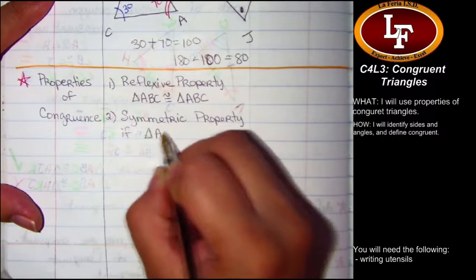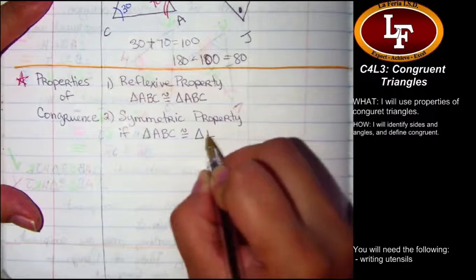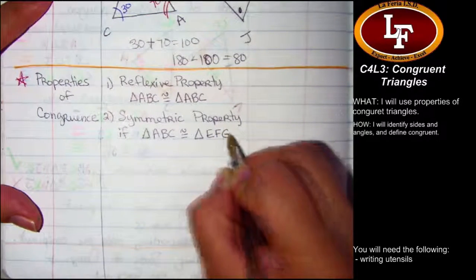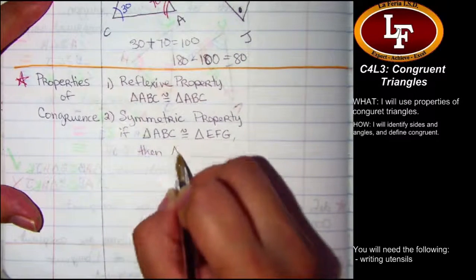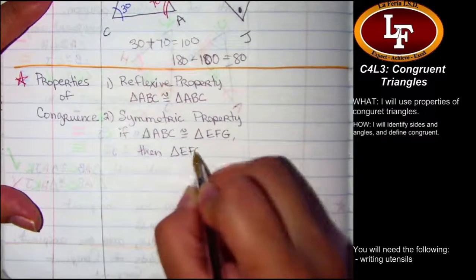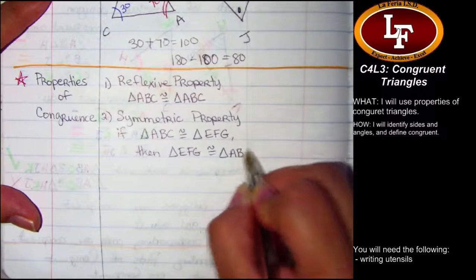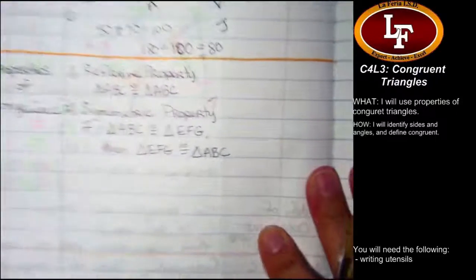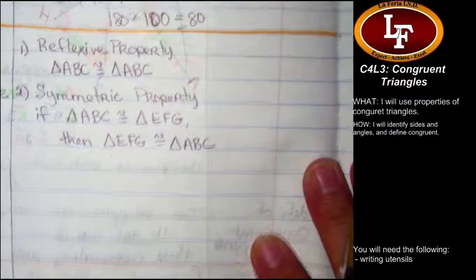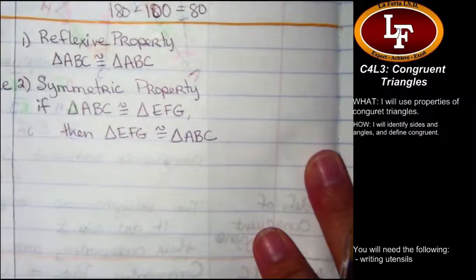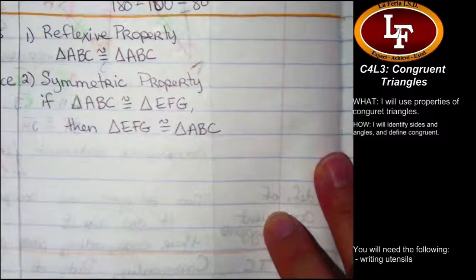If you have some shape, triangle ABC, congruent to some other shape, triangle EFG, then we're allowed to say that triangle EFG is congruent to the first shape, triangle ABC. Again, it's another duh. But in proof writing, we can't use the duh as a reason, so we have to give it a proper name. And this proper name is symmetric.